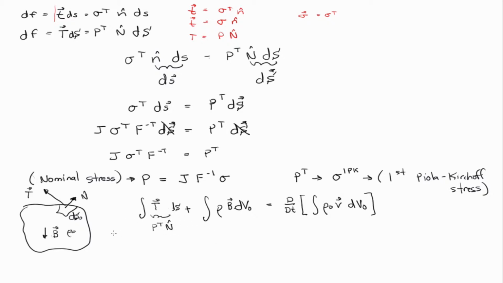So then when we do that, we have the integral of the divergence of P transpose dV0, plus the integral of rho 0 b dV0, equals d/dt of the integral of rho 0 v dV0.